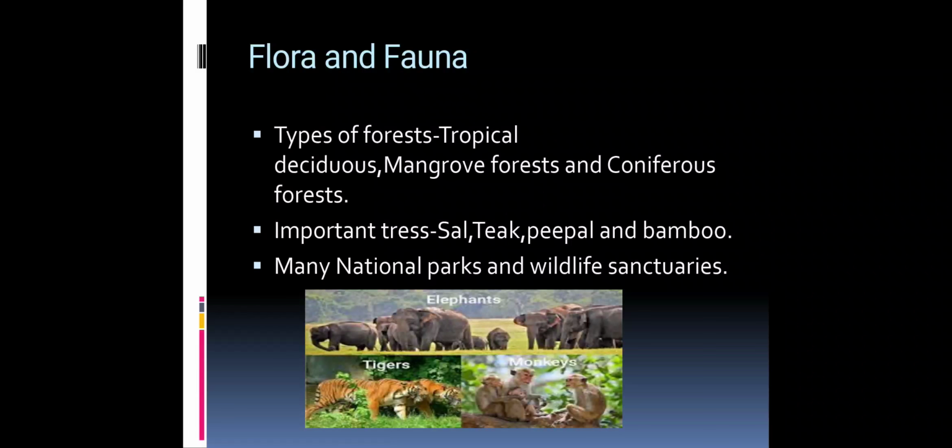Then in the delta region, you will have Royal Bengal tigers, crocodiles and alligators. Not only this, you will also find some varieties of fishes over here like catla and hilsa. These are some of the types of fishes found here. This was about the flora and fauna.